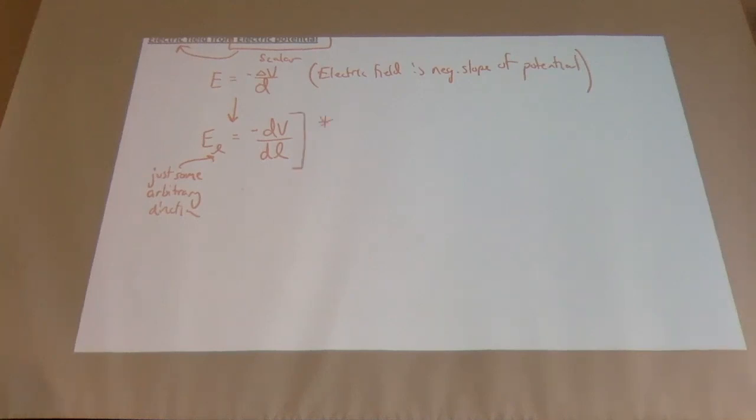First of all, this is mathematically known as the gradient of the potential in the L direction, in case you're familiar with that terminology. And it is the negative rate of change of the potential in the L direction. The negative rate of change of potential, which is defined as the gradient of the potential.